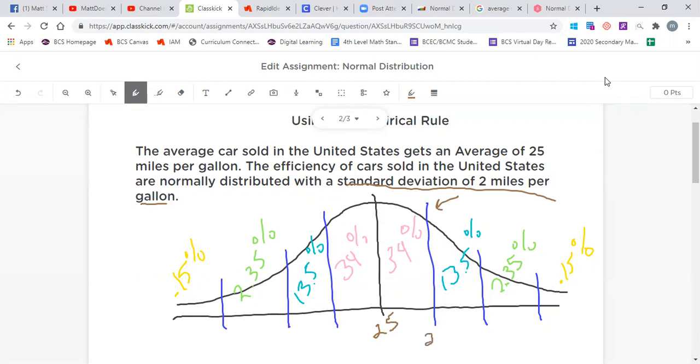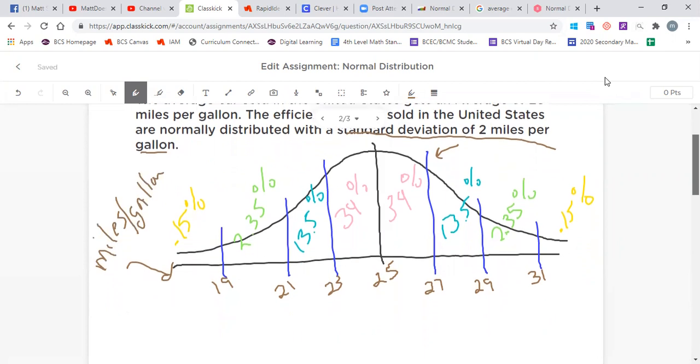So this becomes 27, 29, 31. And then we just work our way down. So we have 23, 21, and 19. And we can go ahead and reference, along this axis down here, we have miles per gallon.